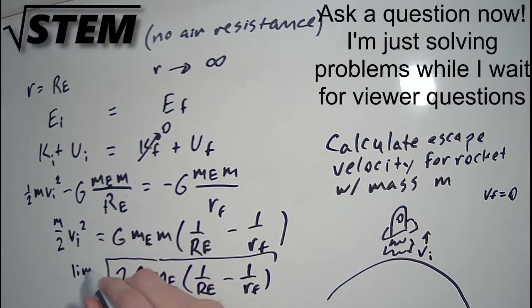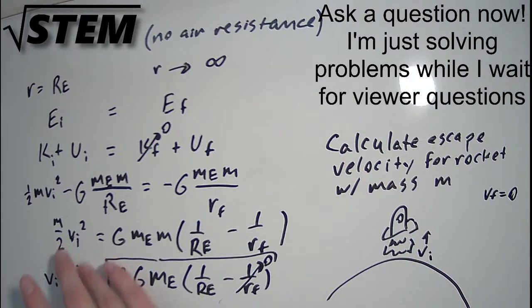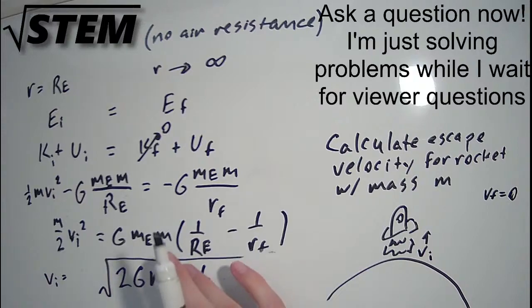So if we take the limit as that final radius goes to infinity, nothing else is changing here. We just have this. If that goes to infinity, 1 divided by it will go to 0. So really, this will be the square root of 2G times the mass of the Earth divided by the radius of the Earth.